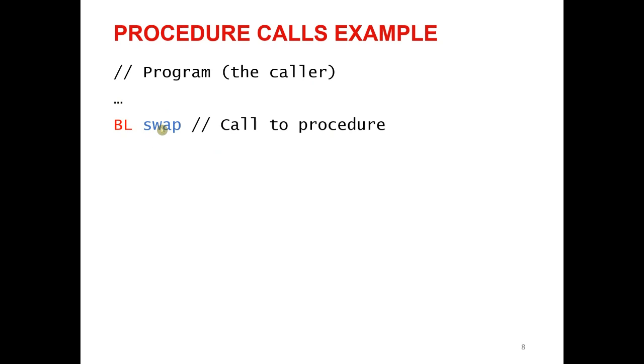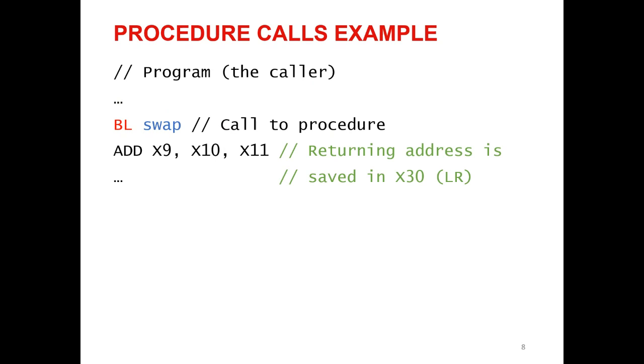So what will happen here is that instead of continuing the execution of the add instruction, this BL will jump to a place where the swap procedure is declared. Apart from jumping to this place, it will also store the address of the next instruction. Why?